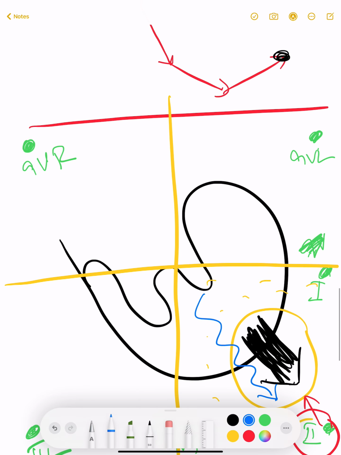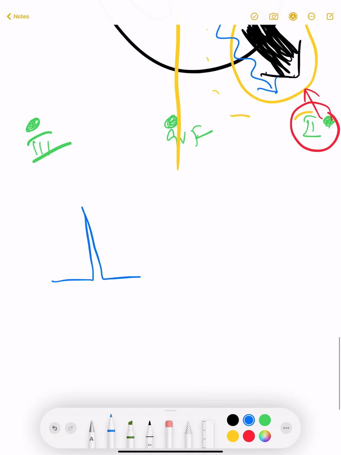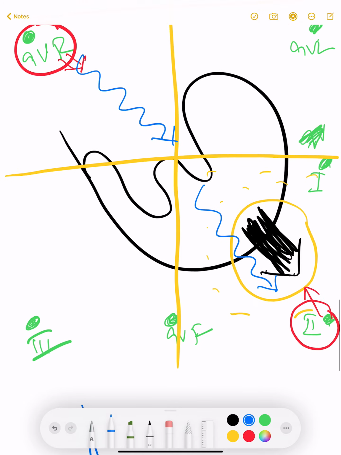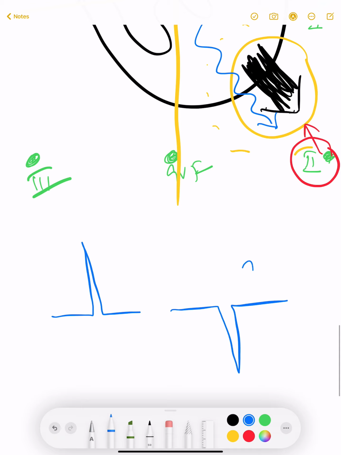On the other hand, if I am sitting over here and looking at the heart, the current will be flowing away from me, and whenever the current is flowing away from the lead, it will show a negative deflection. This is the reason that we find a negative QRS complex in AVR, always in normal condition.